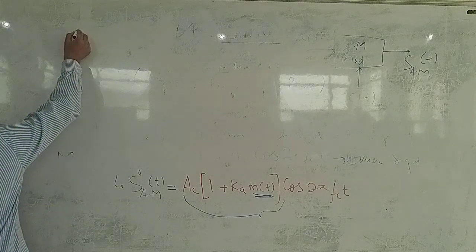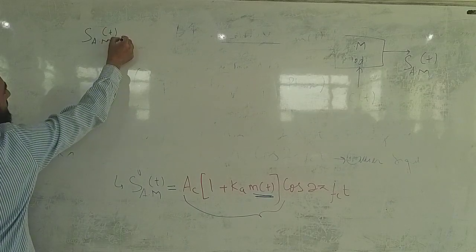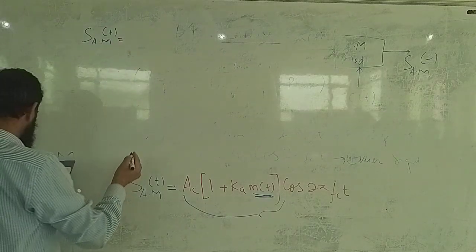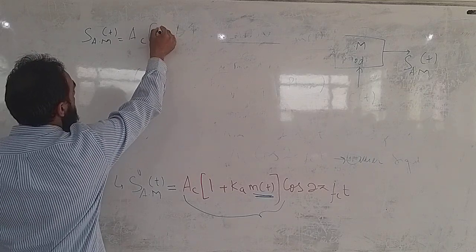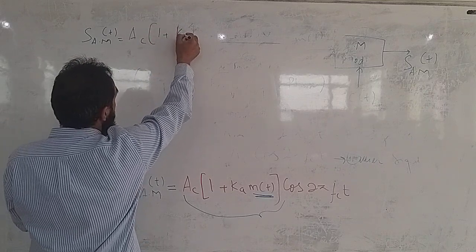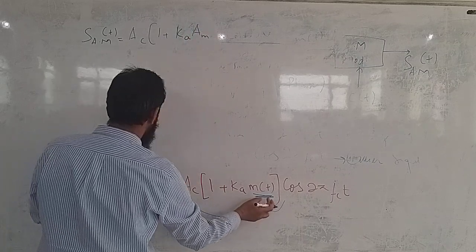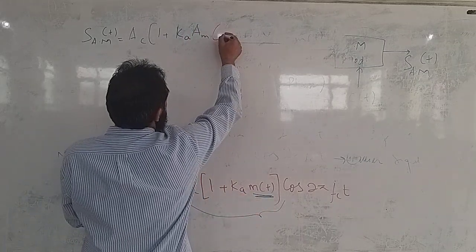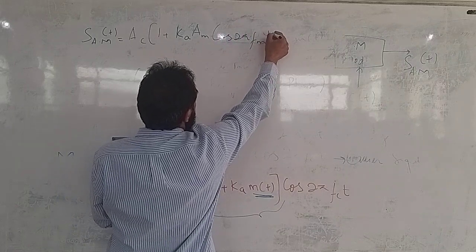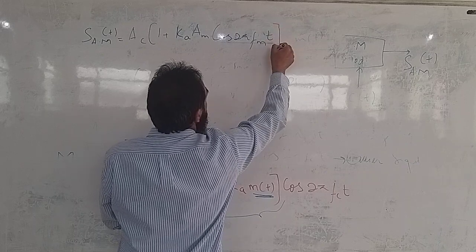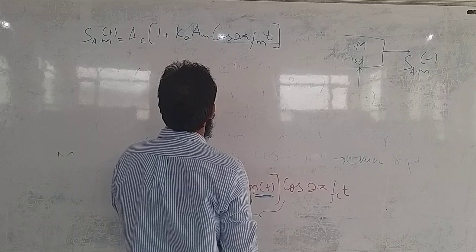so your S of AM of T, if I expand this in a different way, is AC 1 plus KA AM, अगर मैं आपके M of T को expand करता हूँ, cos of 2 pi FMT into this part remains same as it is जो ये था.